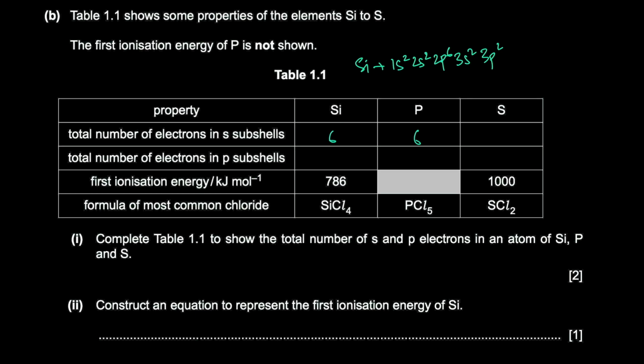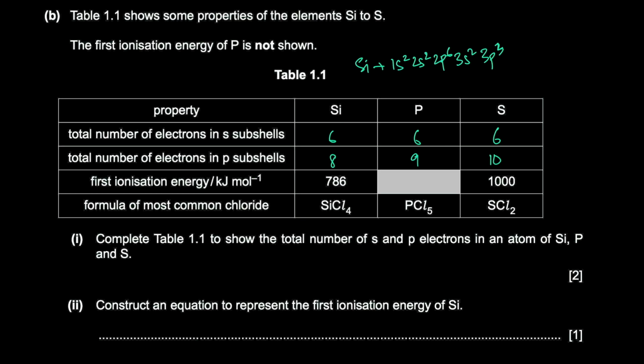Same for phosphorus, same for sulfur, right? But then for the p subshell, silicon has 6 plus 2, which is 8. Phosphorus is 3p3, so that would be 9. And then sulfur is 3p4, so that would be 10, right? 6 in the 2p subshell, and then 4 in the 3p subshell.